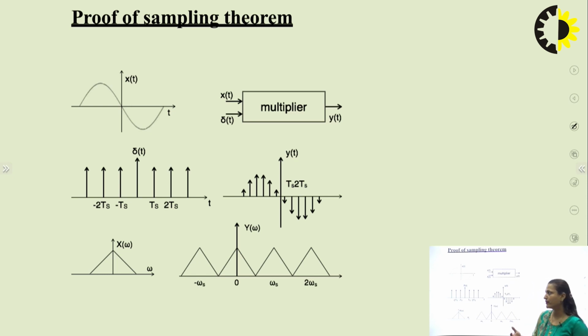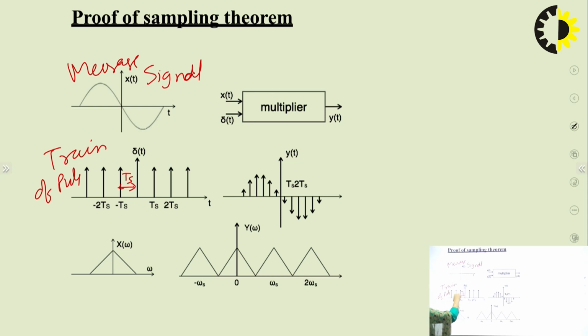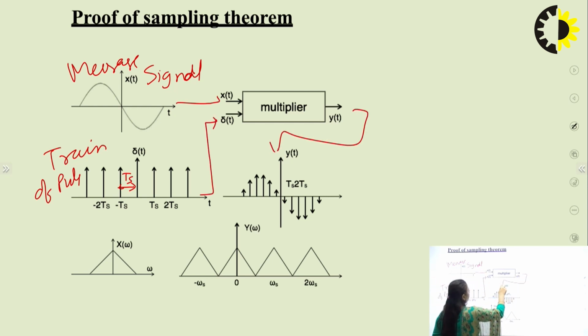So how will it be performed? See here, this is the message signal x(t), and this is a train of pulses with a time gap of Ts. These two are given to a multiplier, and the output of the multiplier is this one.